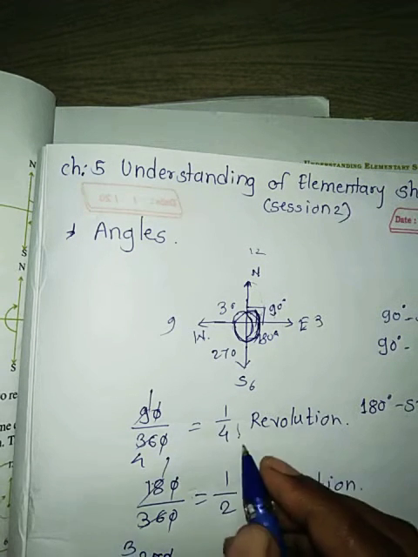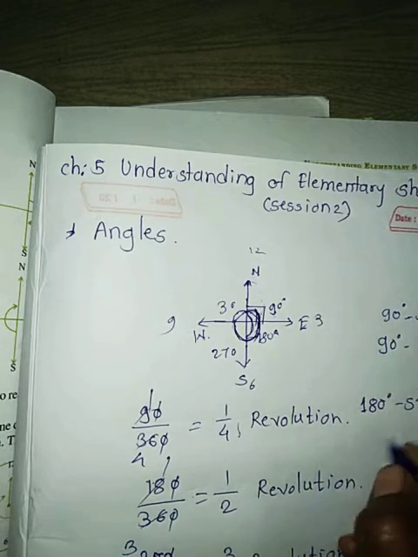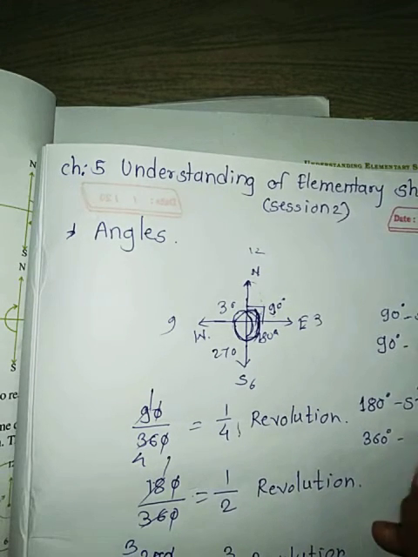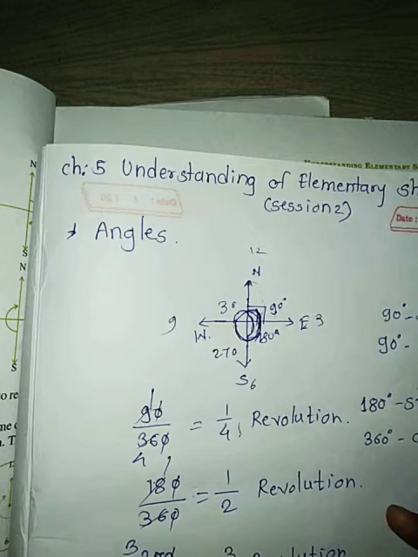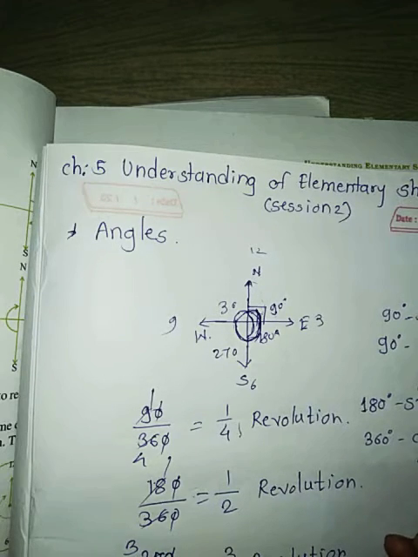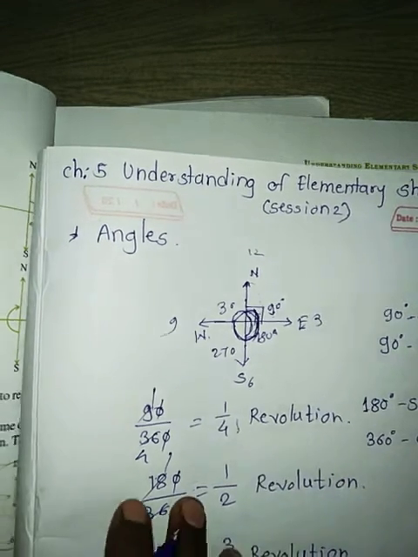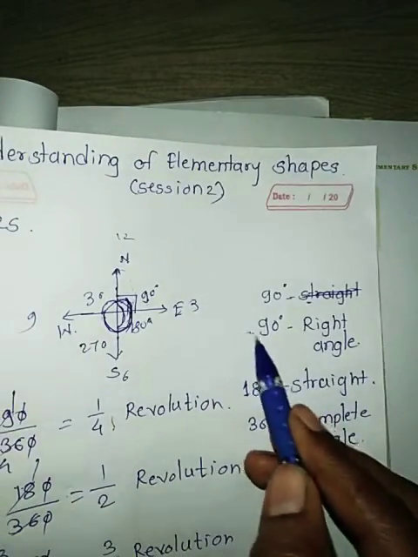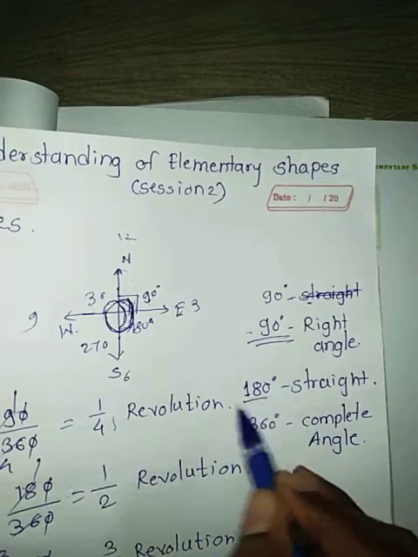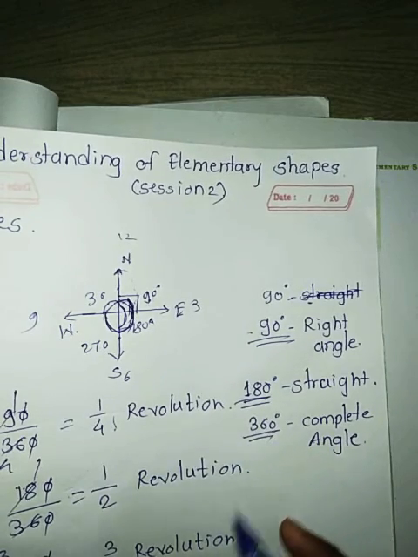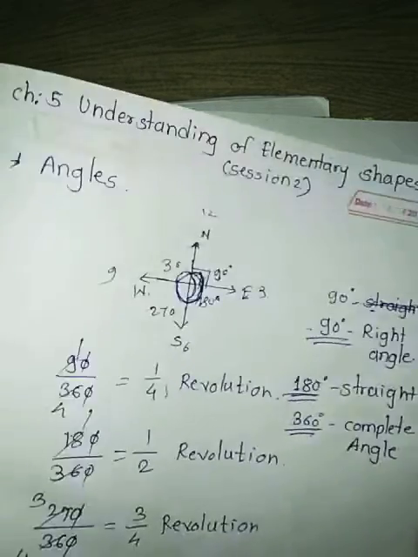And another one, 360, is a complete angle. See here, 90 degrees is a right angle, 180 is a straight angle and 360 is a complete angle.